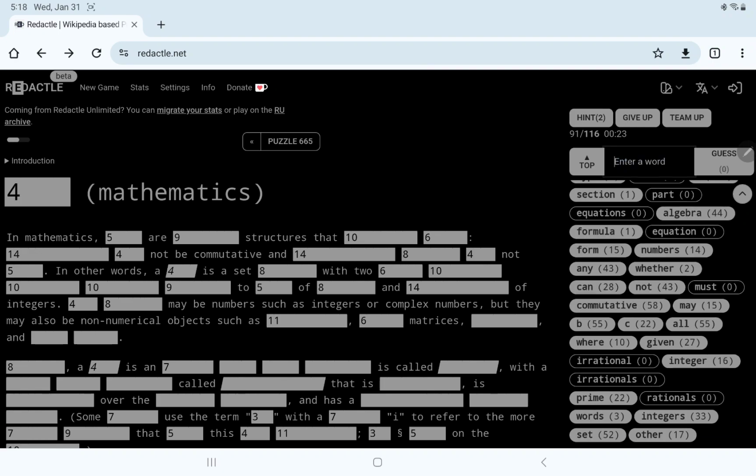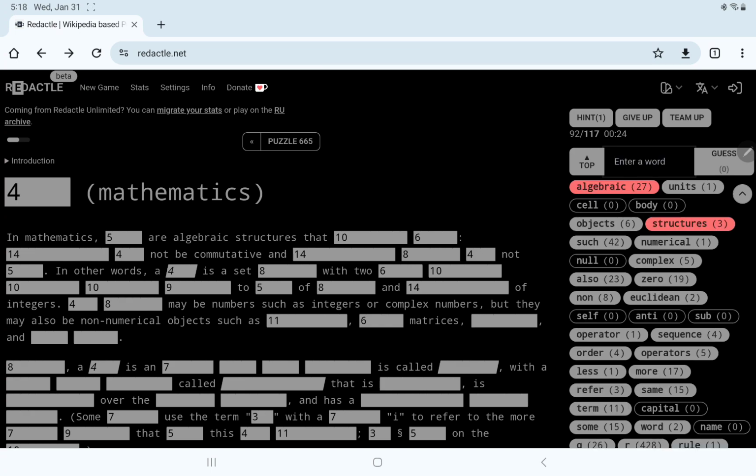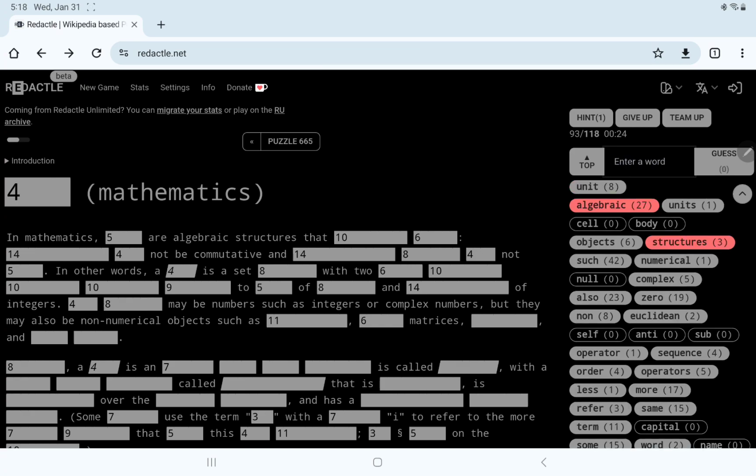I think I've done form, yeah. Okay, let's get the adjective then. Algebraic structures. It doesn't really help me, but let's try units. Unit.